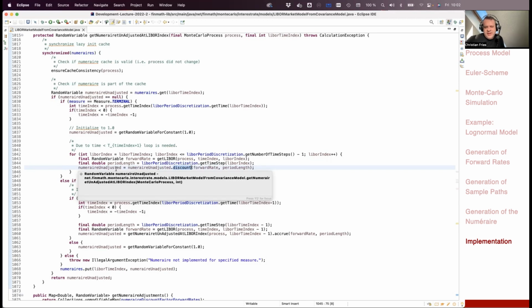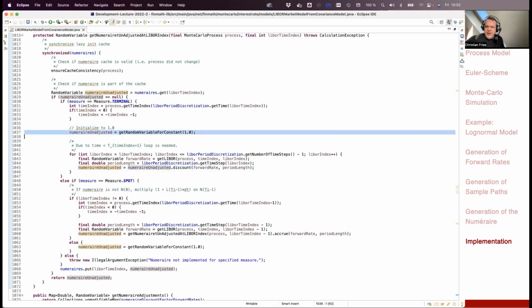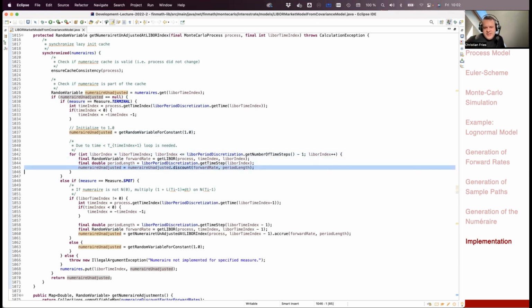So divide by this factor. So we are calculating here this product. We start initially with 1, going backward. Actually, the loop runs forward. We calculate the product that divides by all these. You see that when we call the forward rate here, it is the forward rate at the time index when we observe this numeraire. So we run over all these forward rates.